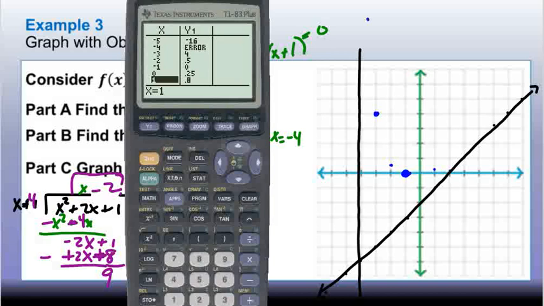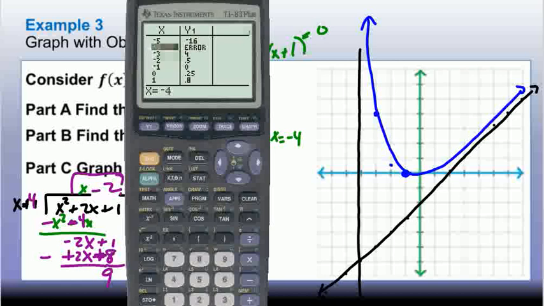So this is going to come like this, going to wrap around, and it's going to come up like this and follow. And the other one, if I go the other direction, -5 and -16 is way down here. So I don't have as much room, but it's going to look something like that. So that would be our graph here.